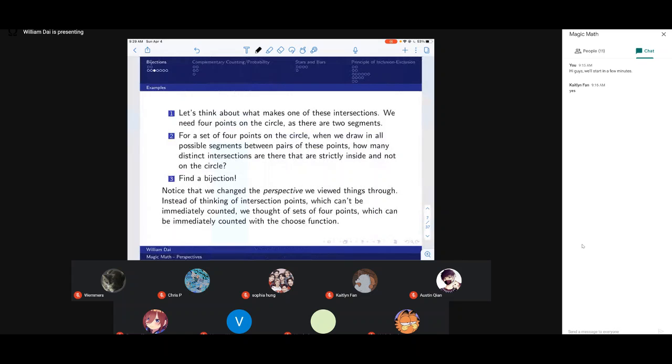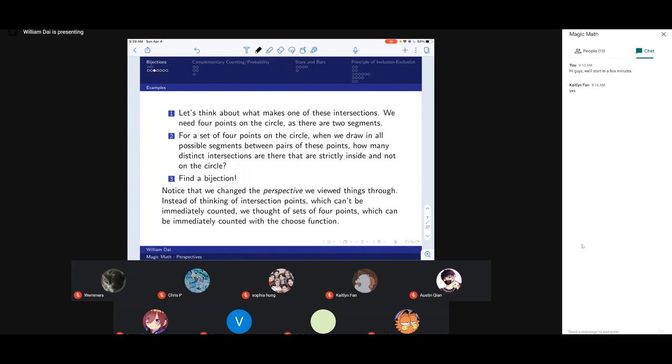Okay, so in this problem we need to think about what defines an intersection point, and when we determine what defines it, we can form a bijection. The hint kind of gives it away.